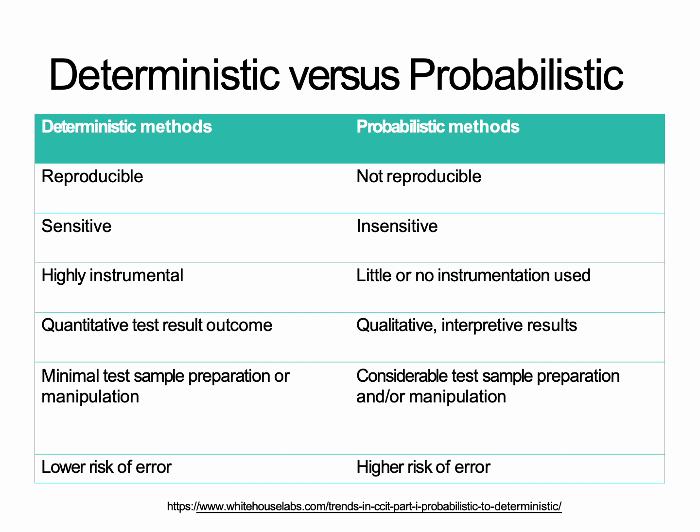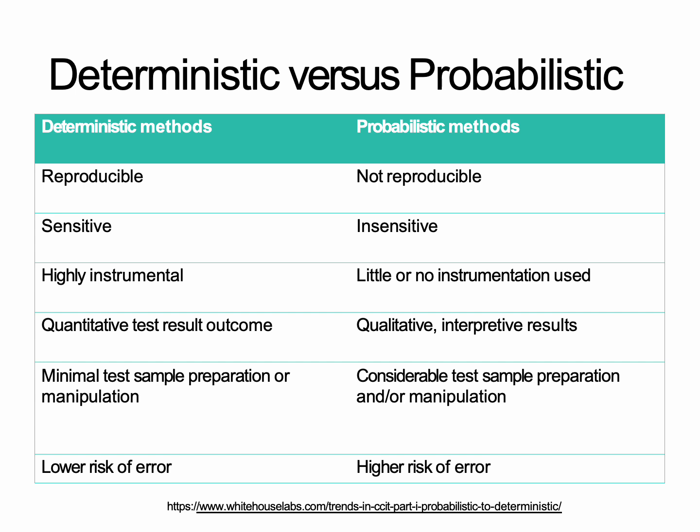They are also highly instrumental because we need to have sensors and other equipment. They also allow us to have quantitative test results because we can measure something accurately. And of course, they need minimal test sample preparation or manipulation, and they have a lower risk of error.